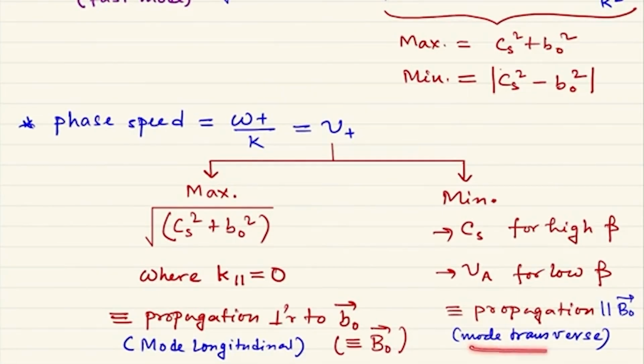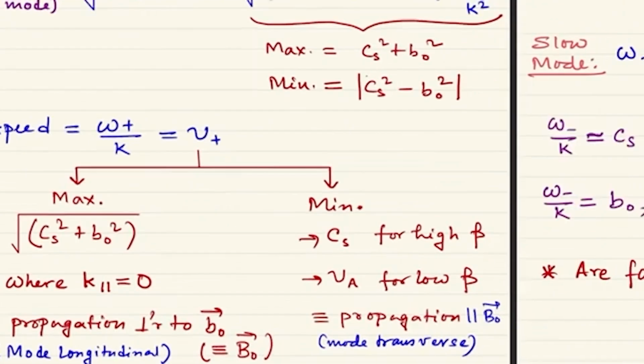But this is also the transverse mode. So you see that the minimum phase speed corresponds to the sound speed for high beta and corresponds to the Alfven speed for low beta.